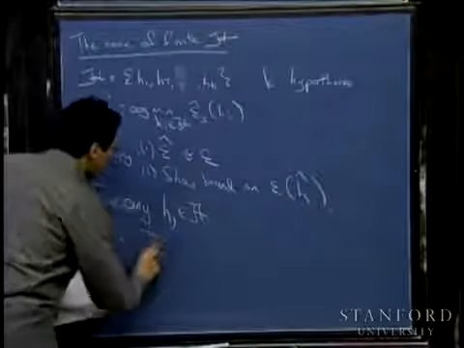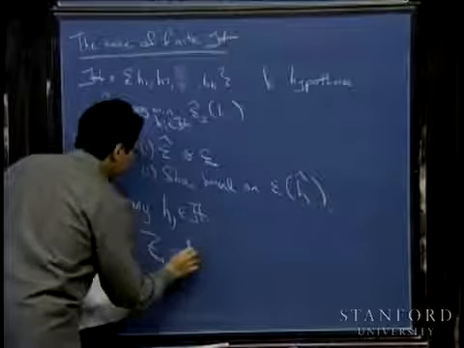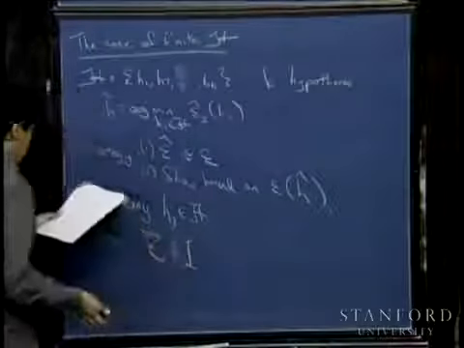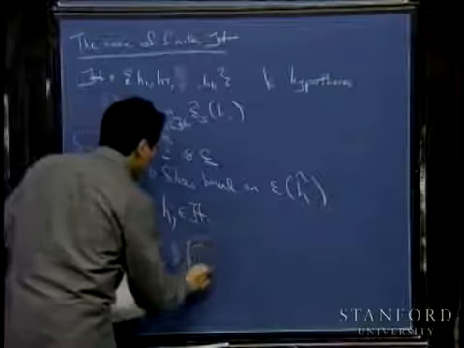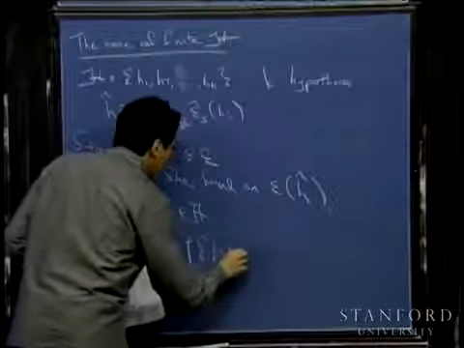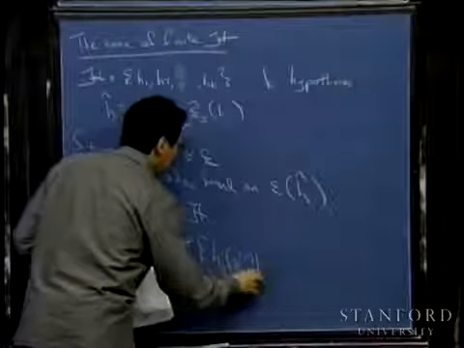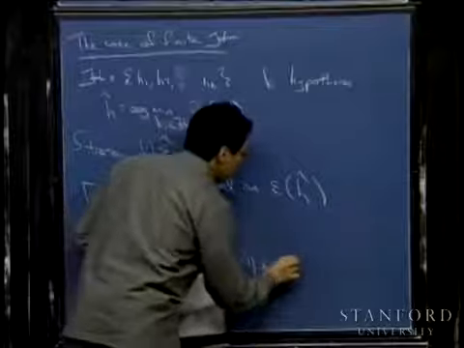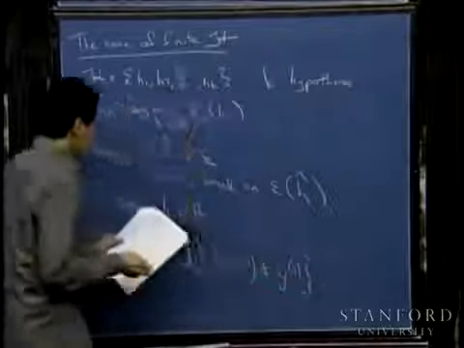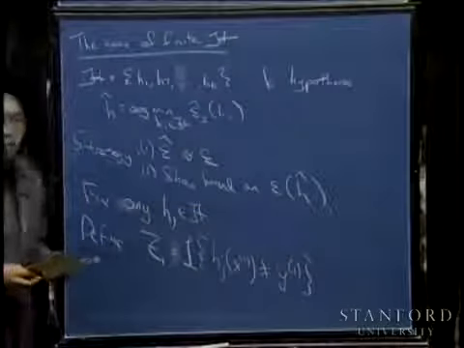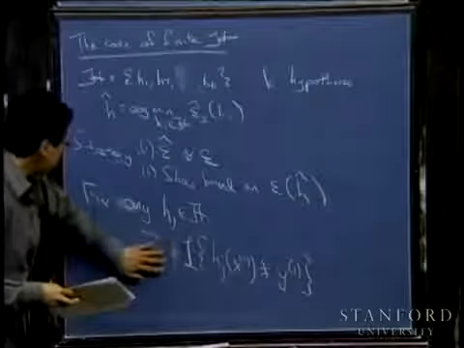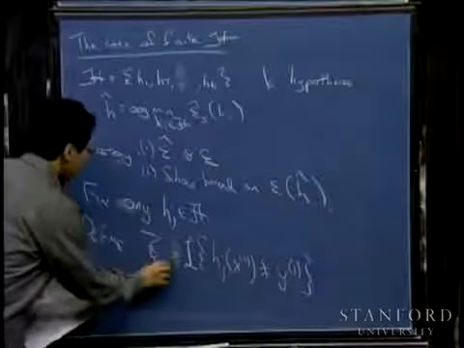Let me define zi to be the indicator function for whether this hypothesis misclassifies the ith example, that is z subscript i.